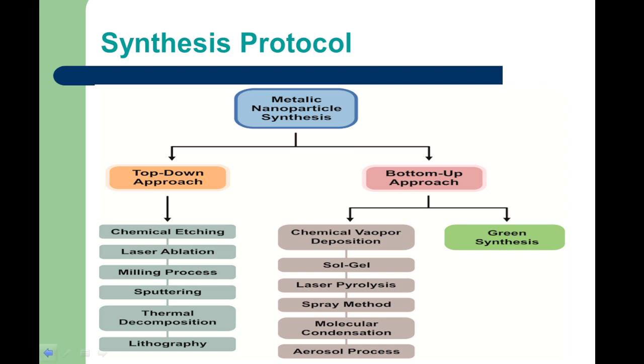Okay, see them. So top down approach. We have chemical etching, laser ablation, mining process, sputtering, thermal decomposition, lithography. See now all these approaches. How many of them do we have here? I doubt if we have any one of these.